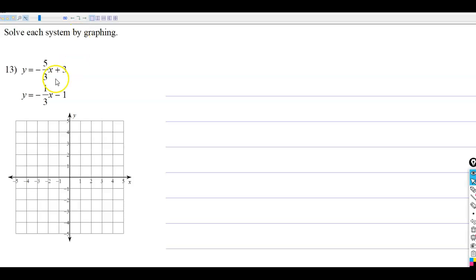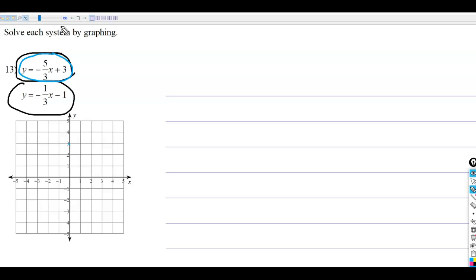Now we're going to move on to a whole new topic. We're going to talk about solving systems of equations by graphing. The way you do this is by graphing each line and finding out where the lines cross. Okay, so let me color code these a little bit. I'm going to graph this one first in blue.